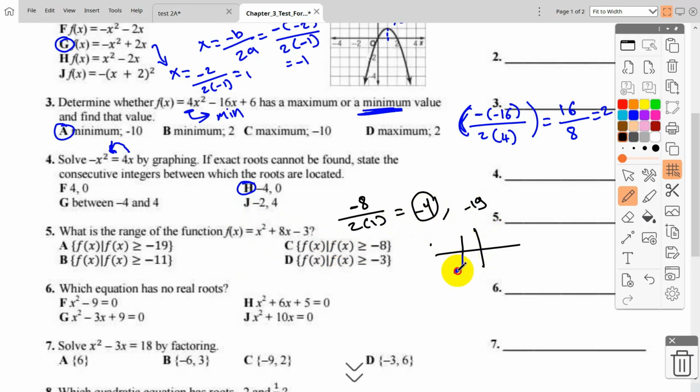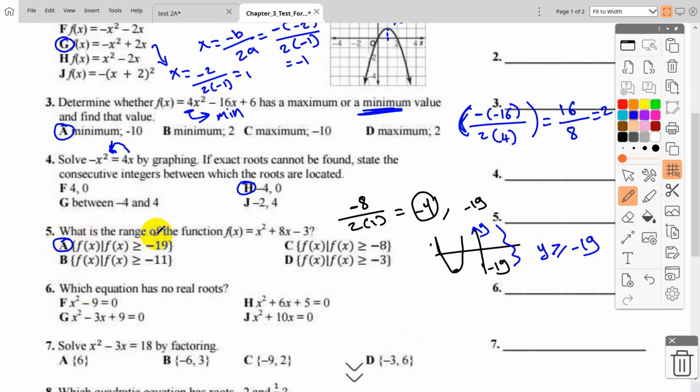So this is negative 19. The range, I look at the y-axis. It will be y greater than or equal to negative 19. So the correct answer will be letter A.